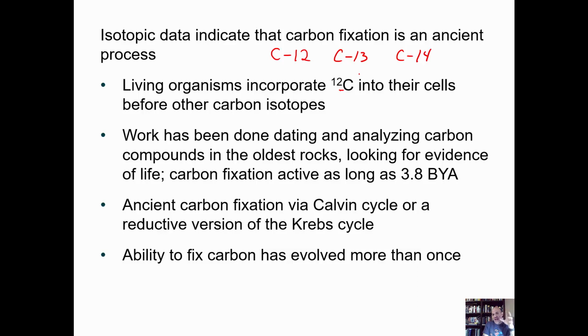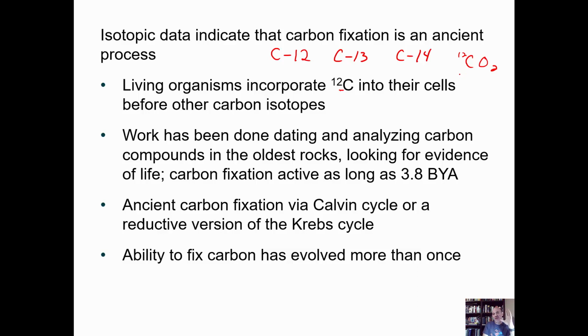But when you look at life forms, you see that when these life forms are fixing carbon, say they're taking in carbon dioxide and they want to produce organic compounds with it, they tend to favor carbon dioxide in which the carbon is the carbon-12 isotope. If you have a carbon dioxide that has the carbon-13 isotope, it tends to get ignored by the metabolism and doesn't get fixed, right?